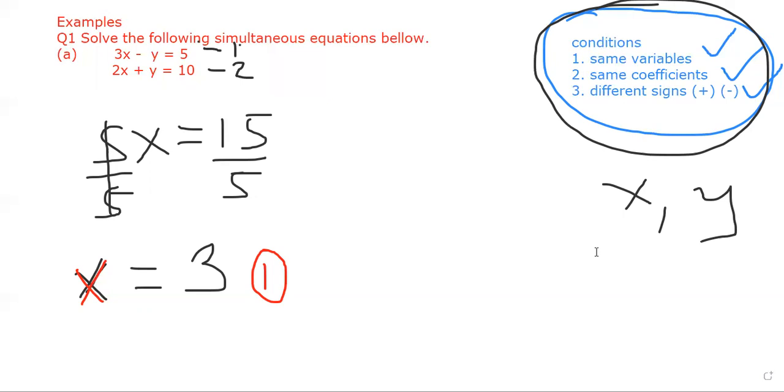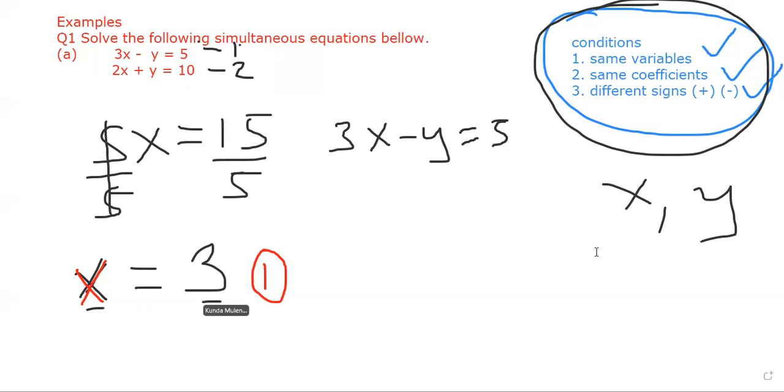Okay. So we're going to get equation 1, and our equation 1 says 3x minus y is equal to 5. Where there is x, we're going to put 3.